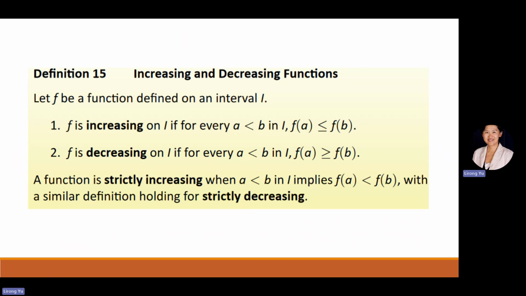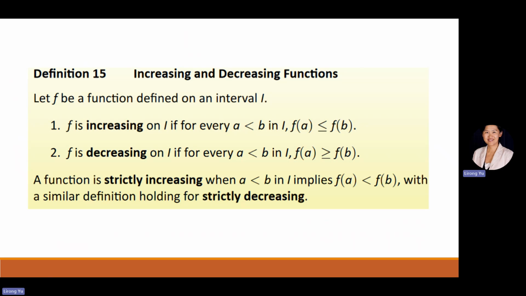All right, so suppose we have a function defined on the interval I. We would say the function is increasing on the interval if for every pair of numbers, the smaller x value is always matched with the smaller y value, and the bigger x value is always matched with the bigger y value.